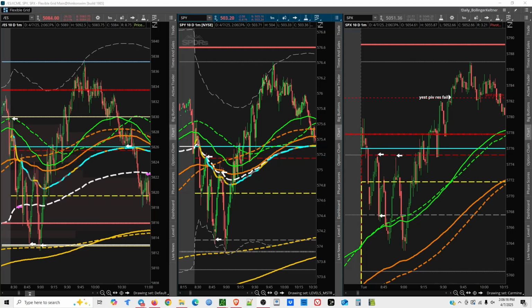Now, this next day, we've got a lot going on here, so let me break it down for you. We start the day with divergent VWAPs on ES. Intraday VWAP starts up here. Overnight VWAP is down here. But SPYs will often run together.